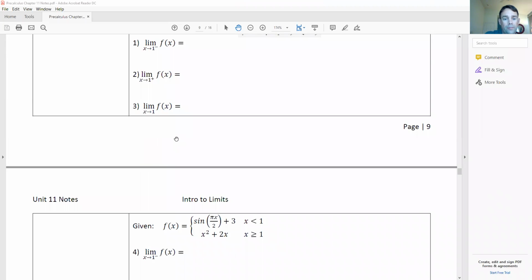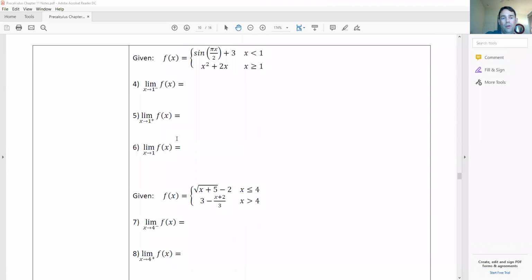So let's keep going a little bit. How about we deal with finding out some one-sided limits? Notice, general rule: when x is less than, that would be from the left side or from the negative side.